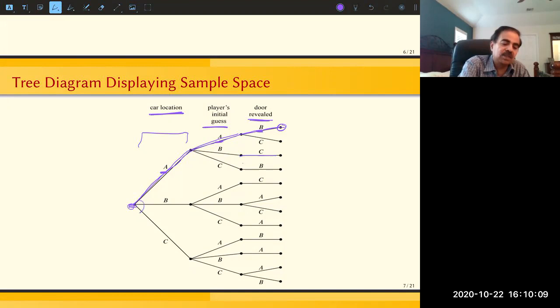Whereas in these two levels, you see that all three possible choices are available, okay? So the reason why we draw these tree diagrams is that now we can associate probabilities with edges, and then we can calculate the probability of reaching every one of these leaves.